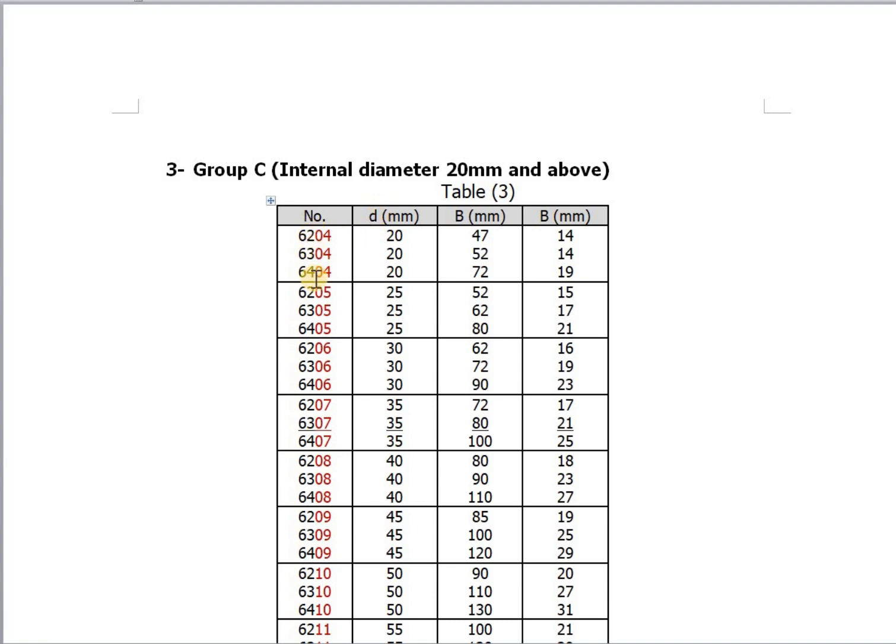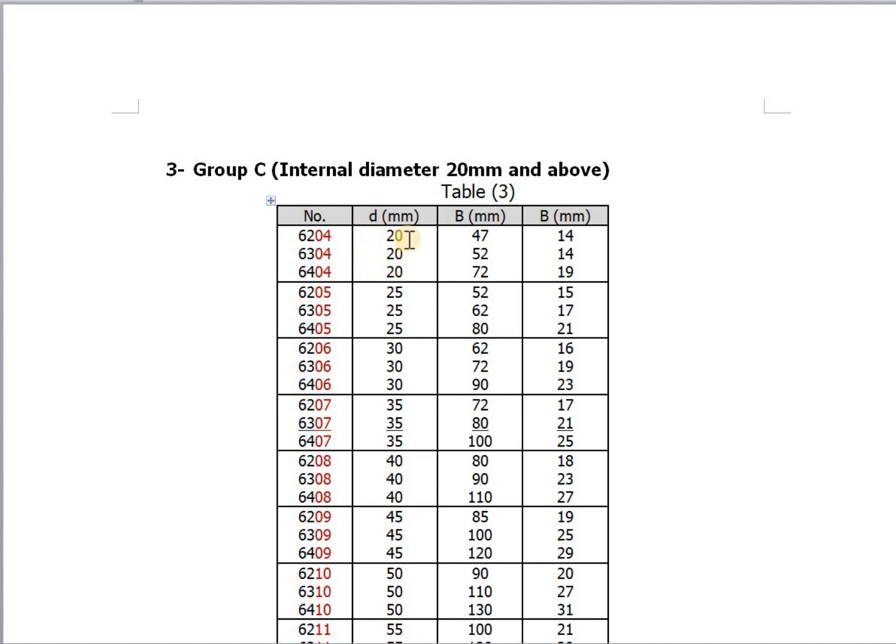Here we can see the stepping in the load series, for example 2 changes to 3 and then to 4. This means load series. For example, if it is written 1, that means very light series, 2 light series, 3 medium series, 4 heavy load series.